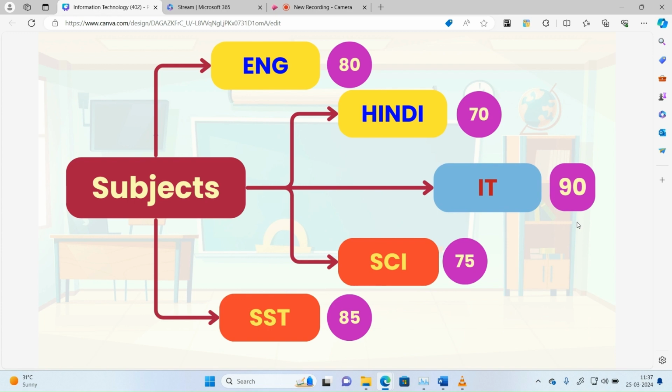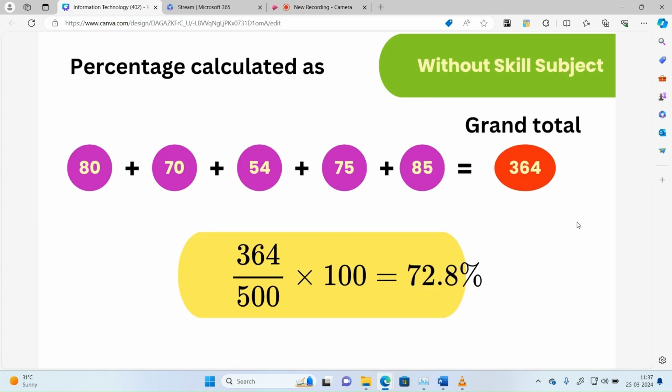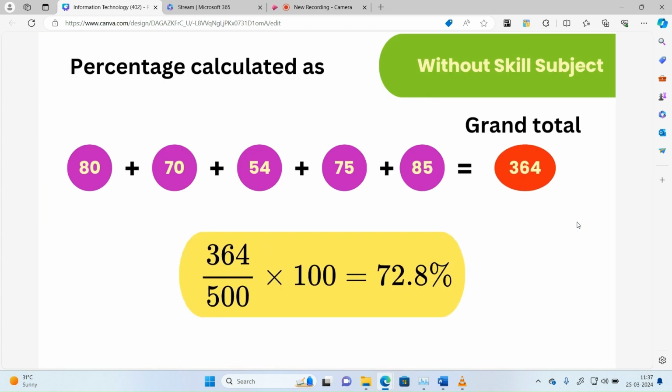Now let's see how marks are calculated. So this is the scenario without skill subject. That is, in the absence of a skill subject, this would have been the percentage. If I add all the subject marks, the grand total comes to 364. Calculation of percentage gives 72.8%. But what changes when you get a skill subject?